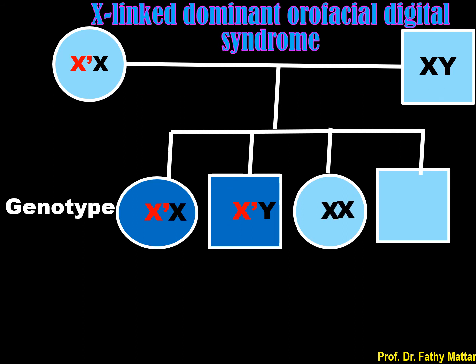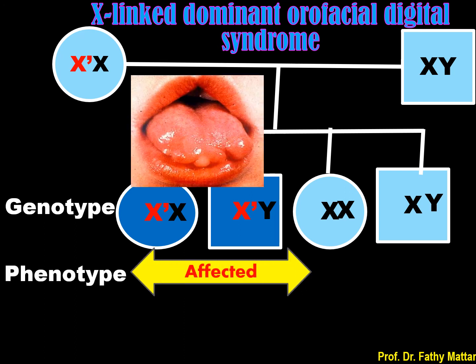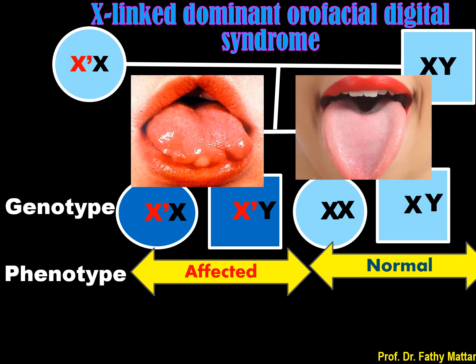This female will have both black X's, and so she will be normal. This male will have X and Y, and he will be normal. So the phenotype will show up that 2 will be affected and 2 will be normal, and the ratio is 1 to 1.